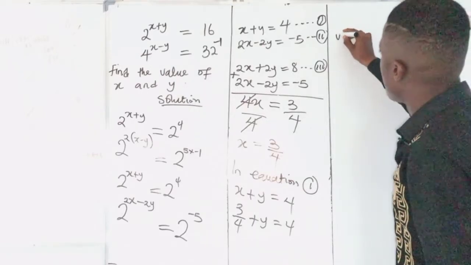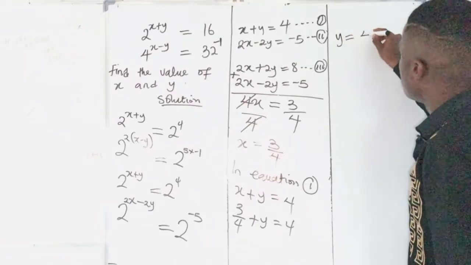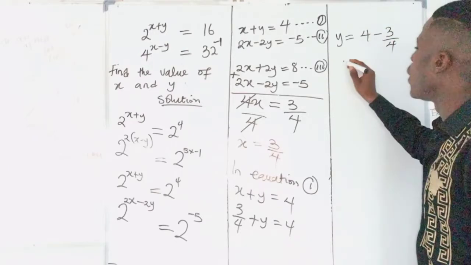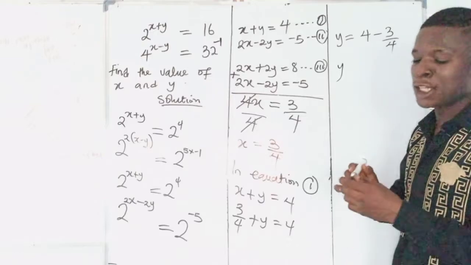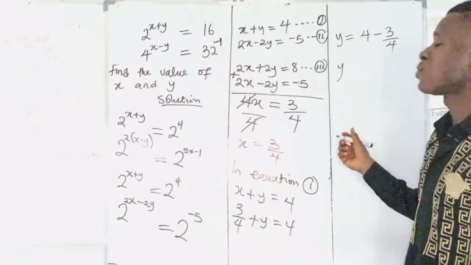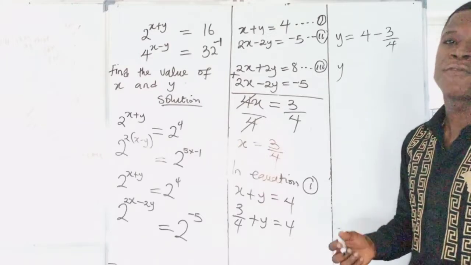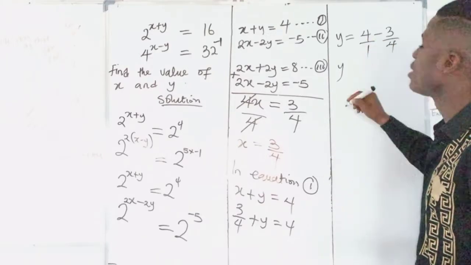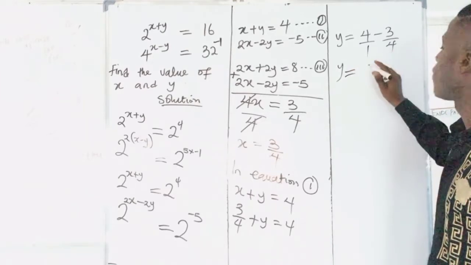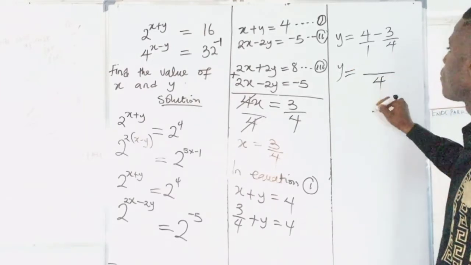Then you can see that my y now is equal to 4 minus 3 over 4. For this, I will use a trick I've already taught you in my previous video, which is subtraction of fractions with different denominators. I'll just put 4 here as 4 over 1. So 1 times 4 is 4, so the denominator is 4.